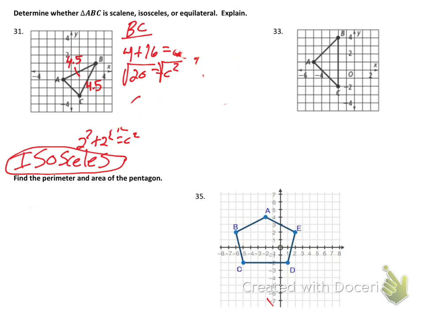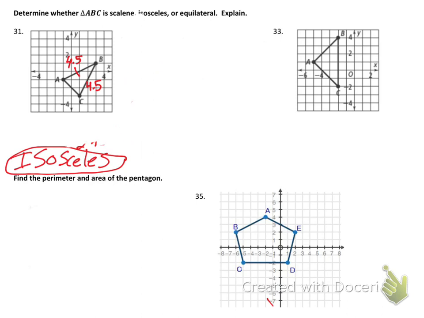33, we're going to do the same exact thing. There's a triangle here, and I need to prove the length of the sides and make a determination of if it's isosceles, equilateral, or scalene. So the first thing I'm going to do, let's do AB. AB would be right here, and this is 1, 2, 3. This is 1, 2, 3.